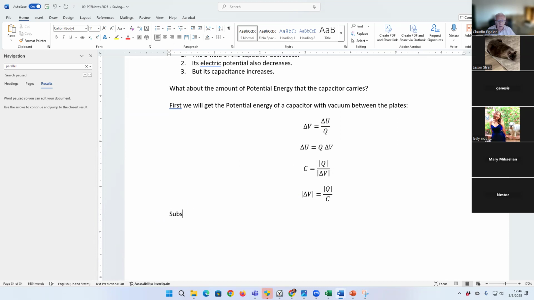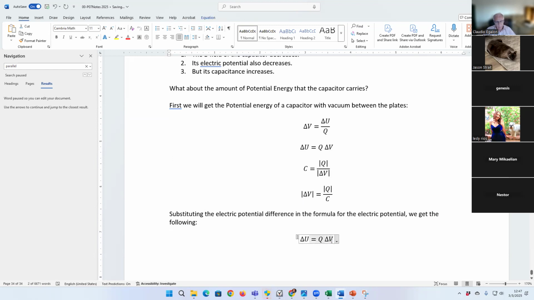Substituting the electric potential difference in the formula for the electric potential, we get the following. Here you go.